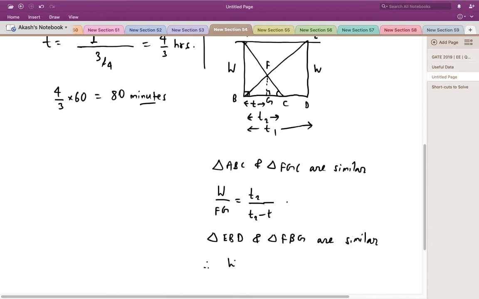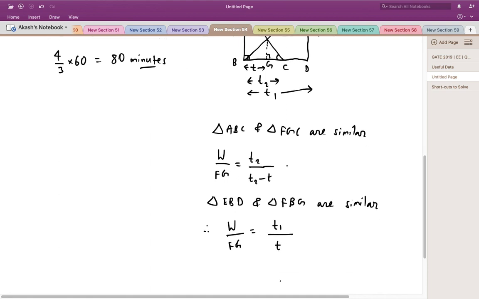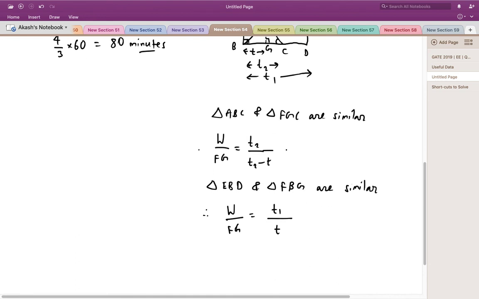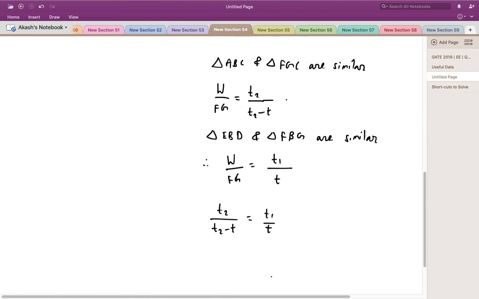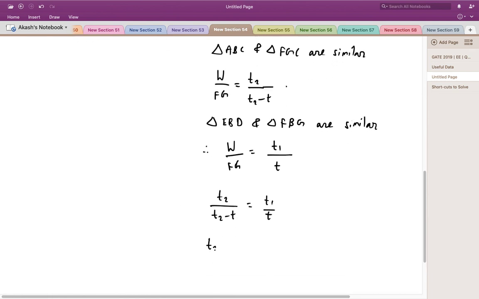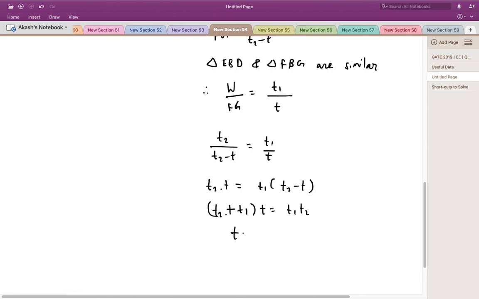Therefore, W upon FG would be equal to T1 upon T. Now, if I substitute the value of W upon FG, I would have an equation like this, and on solving for T, I would get the value as this. So, the final value of T would be equal to T1 times T2 divided by T1 plus T2.